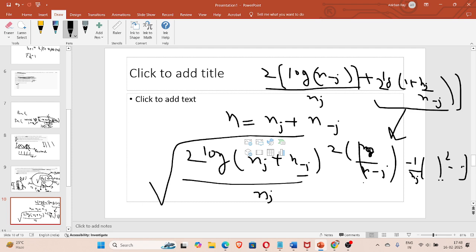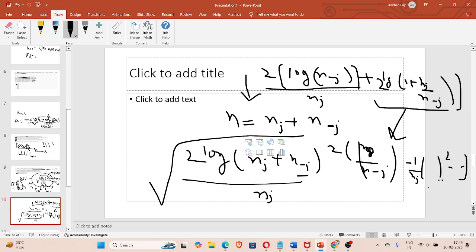And now what I'm trying to do is increase nj. n minus j will remain fixed, right? This will reduce for sure. You must understand that n minus j here remains fixed.